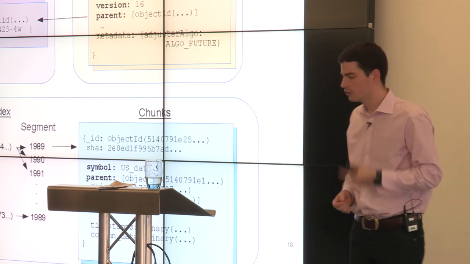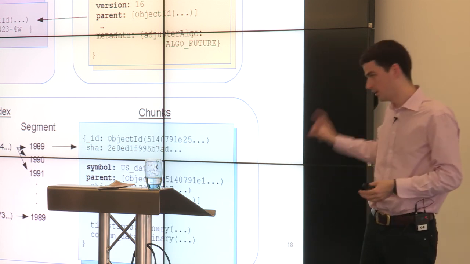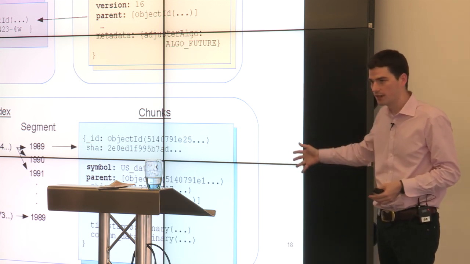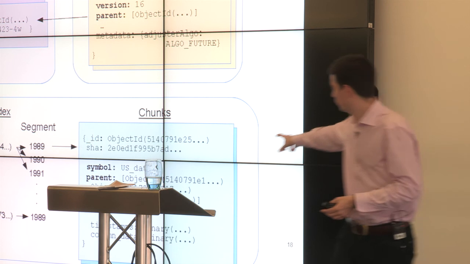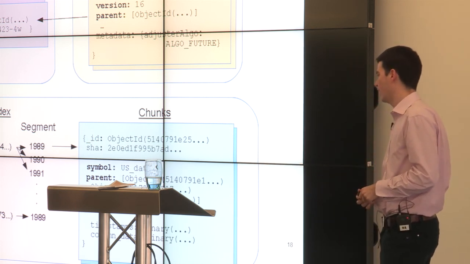That's a good question as well. So he's asking, for this schema, do we have to write a new chunk every time we get a new tick? Because that would clearly be insane if you've generated a megabyte of I/O 100,000 times a second.